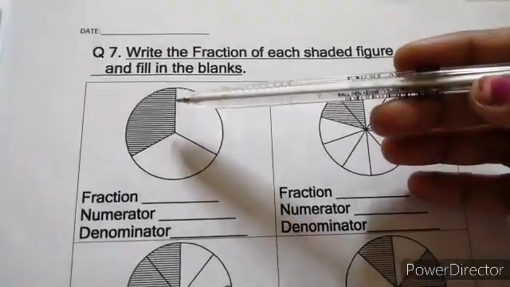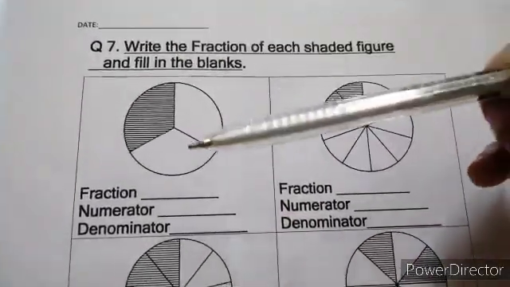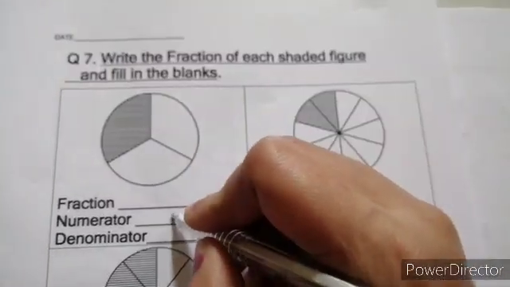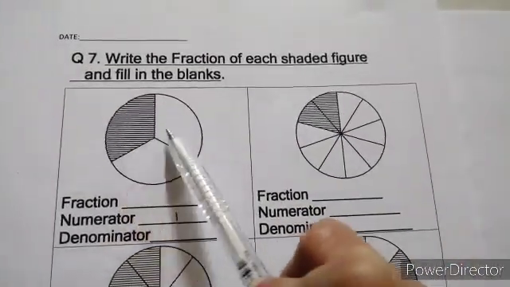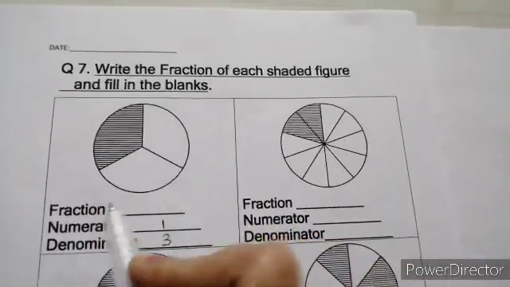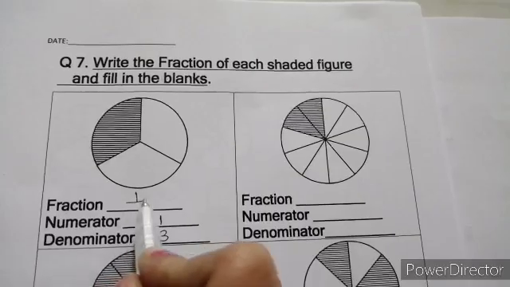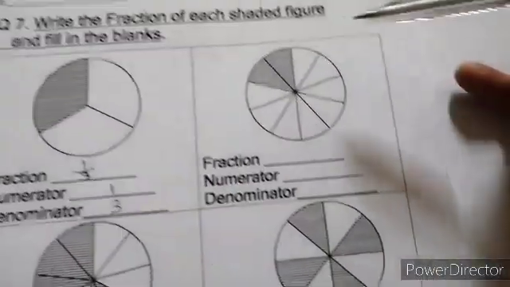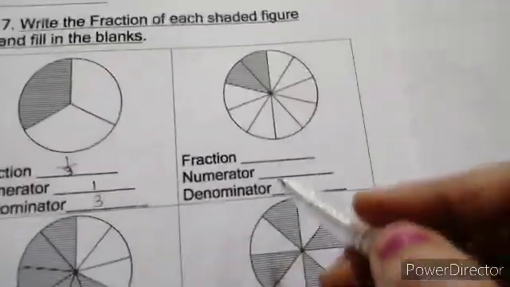So, what will be the numerator? First figure you see, numerator is 1 because only one portion is shaded. And how many total portions do we have? 3. So, denominator is 3. Therefore, the fraction is 1 by 3. Here, there are 2 shaded portions.